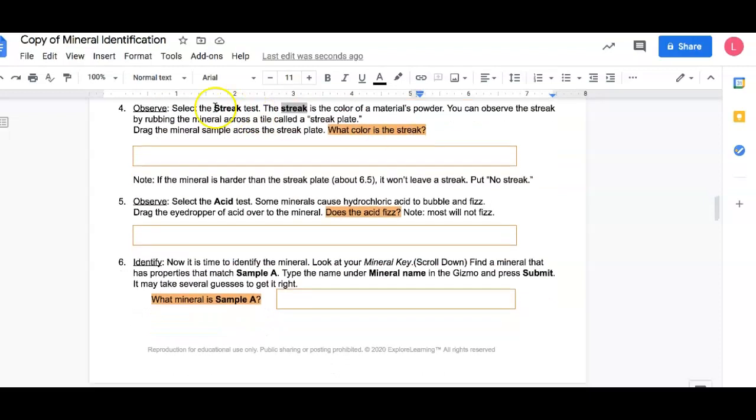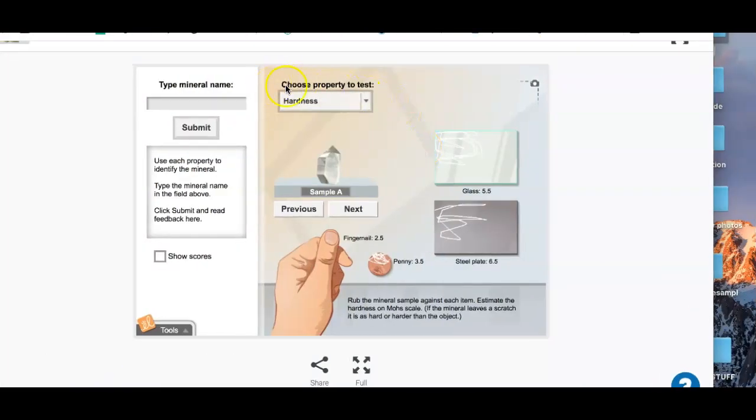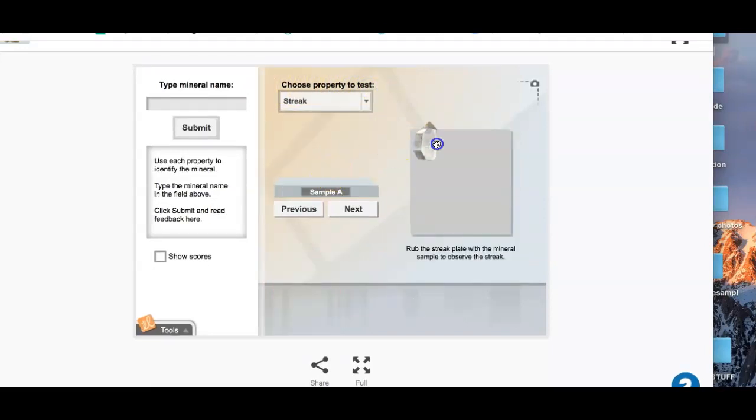Number 4 is observe. Select the streak test. The streak is the color of the material's powder. You can observe the streak by rubbing the mineral across the tile called a streak plate. And then tell us what color is the streak. So I'm going to choose a different property, choose streak, and then figure out what color it is.